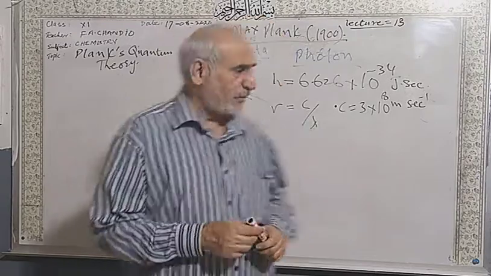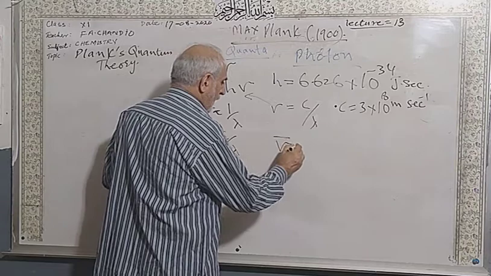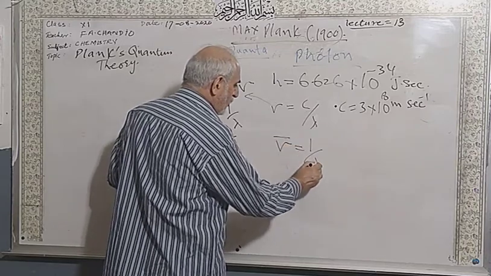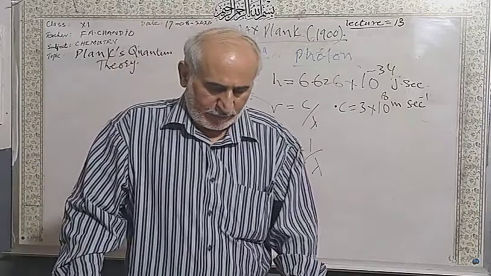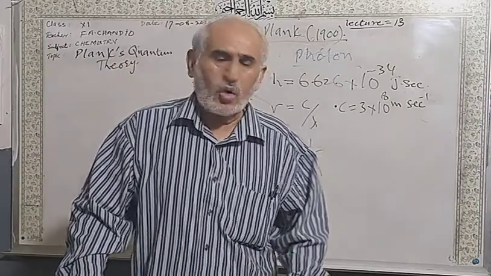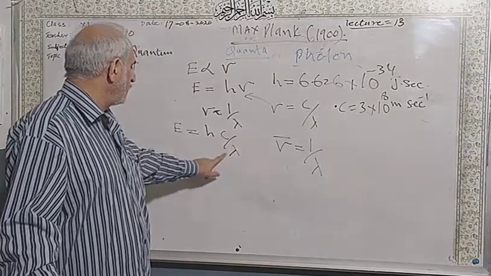Second thing is that wave number is also inversely proportional to the wavelength, 1 over wavelength. Wave number is 1 over the wavelength, this formula.